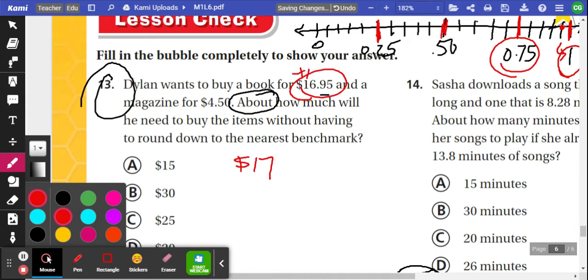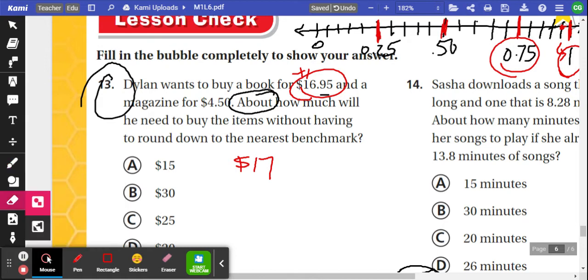And a magazine, that is $4.50. So then this is going to be that 16.95, and then again it would be the 17. I'm looking at the 4.50. Well, you know what?